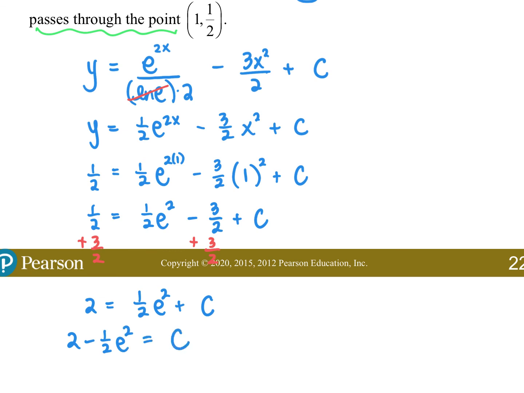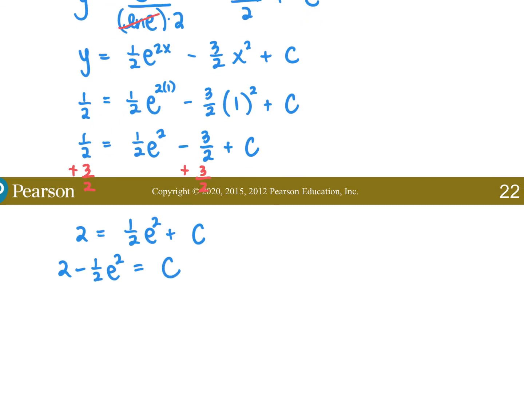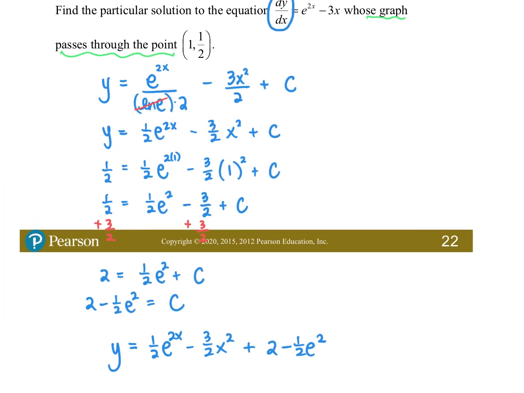So c is 2 minus 1/2 e squared. So our overall particular solution is 1/2 e to the 2x minus 3/2 x squared, and then the constant was plus 2 minus 1/2 e squared, and that is the particular solution for this differential equation.